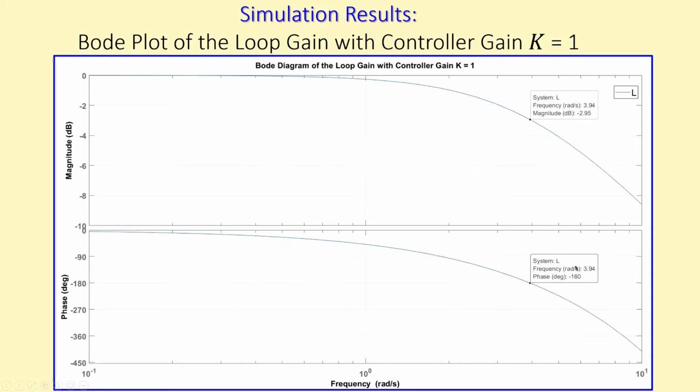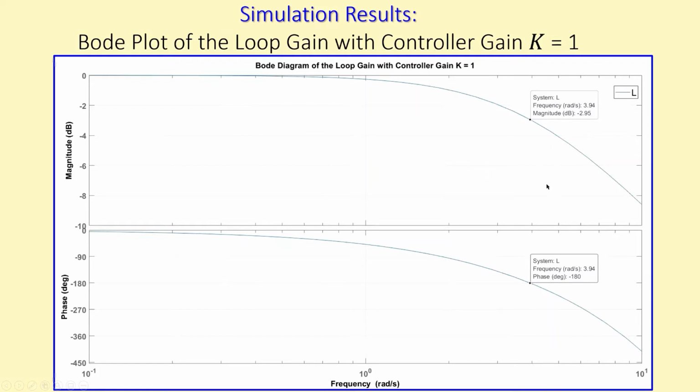We also see at this same frequency, so if I go to the magnitude plot for the gain, if I look at the same frequency, I see a magnitude of minus 2.95 dBs. It is a minus, that means the following. At this frequency, I have a phase shift of minus 180 degrees, but the gain is minus 2.95 dBs.